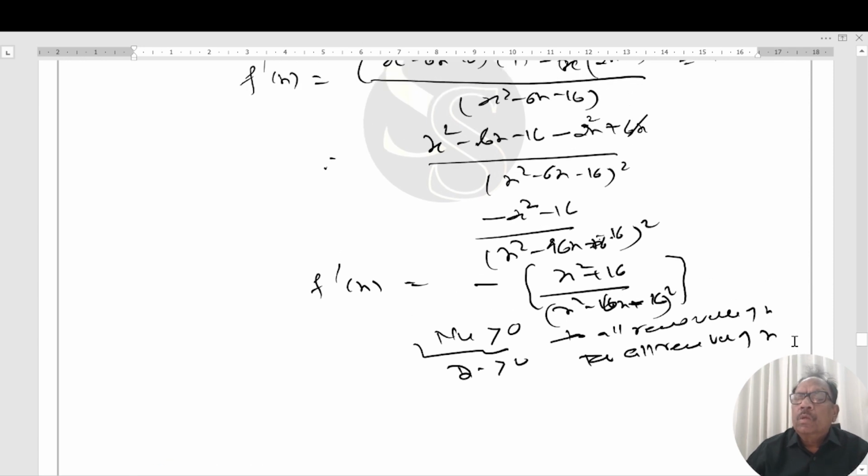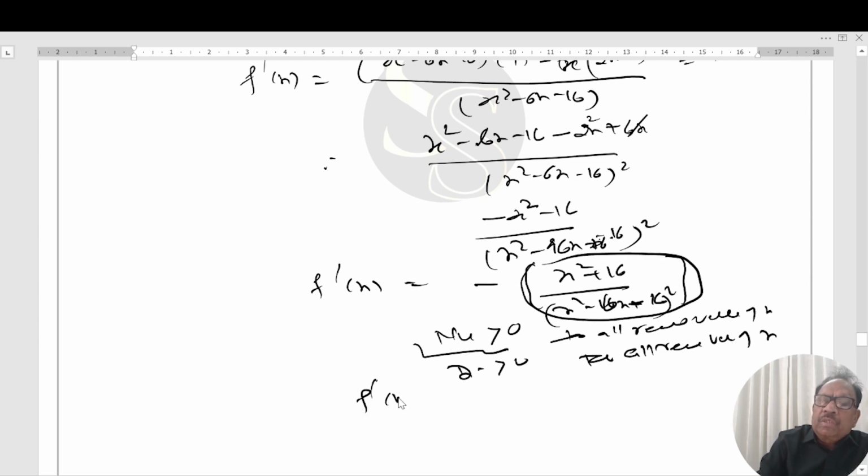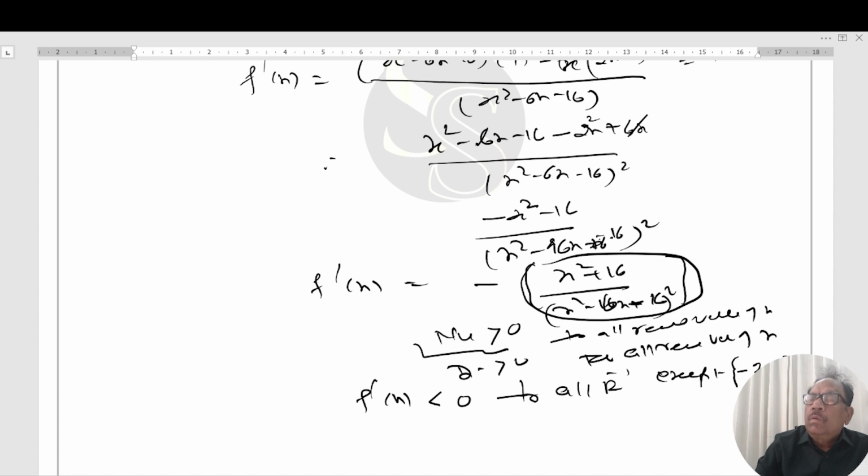Now, as the overall sign, f dash x is less than 0 for all R except minus 2 and 8, because these are the points where the rational expression becomes non-defined. So therefore the function is decreasing.